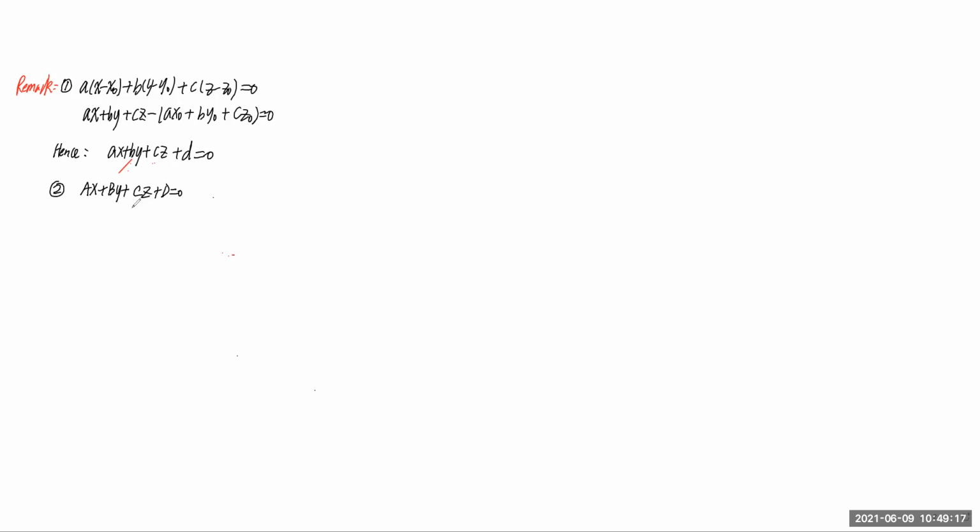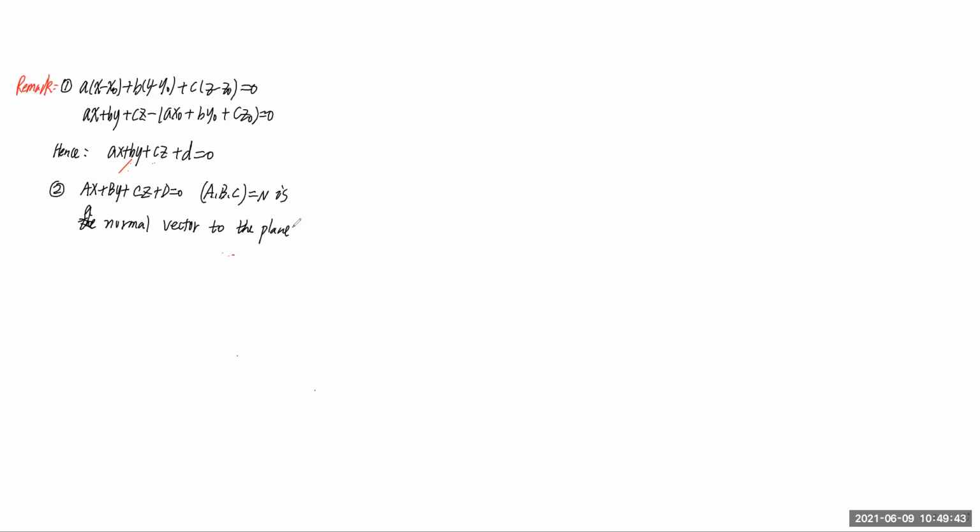And then you can automatically know from this that A, B, C, as a vector, is a normal vector to the plane. Clear? So you have to know this part.